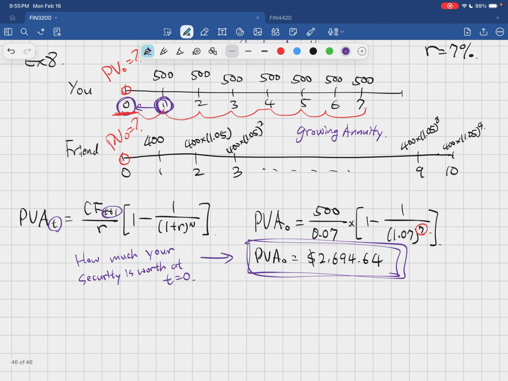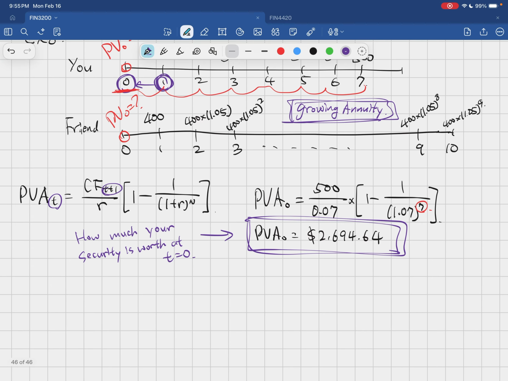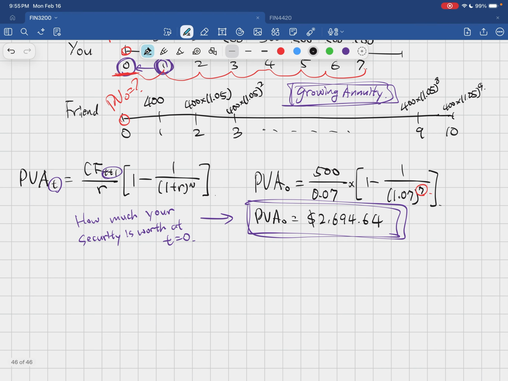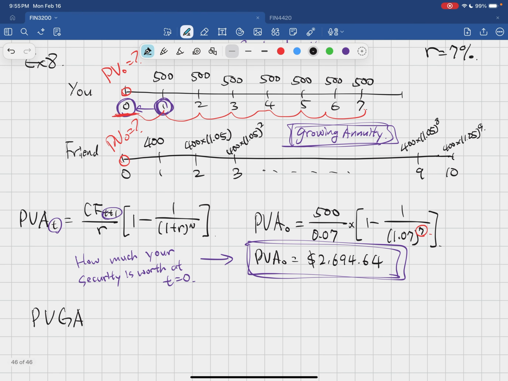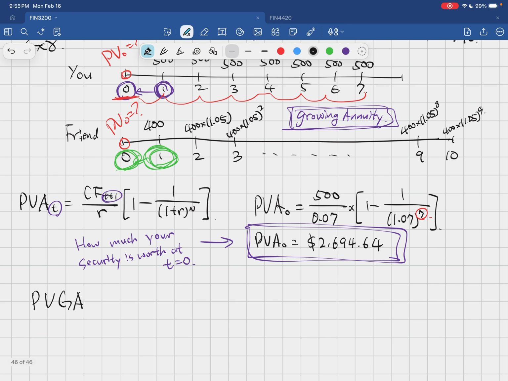Okay, so again, we have a growing annuity, so we'll use the PVGA formula. Okay, so your friend's security is PVGA, and here your friend's security, the first cash flow also occurs in year 1, so this is an easy calculation. So whatever number you get will be expressed in time $0.